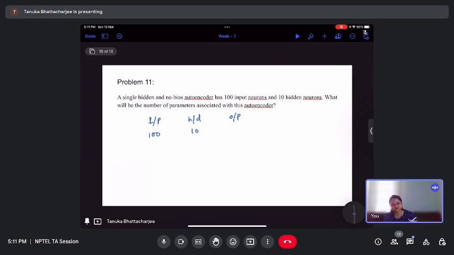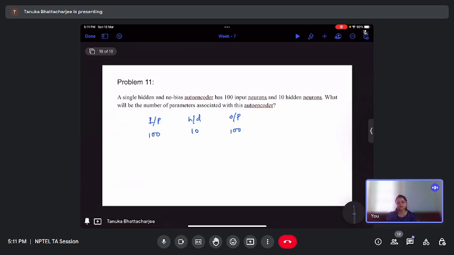100. Yes, correct. So, in an autoencoder we are basically reconstructing the input data. So, since our input data is 100 dimensional, we have 100 input neurons. Of course, the data that we need to reconstruct should also be 100 dimensional. So, our output layer should also have 100 neurons.